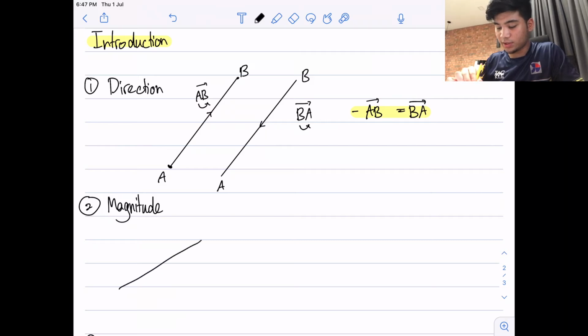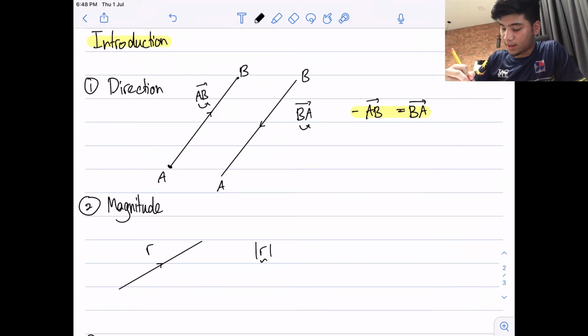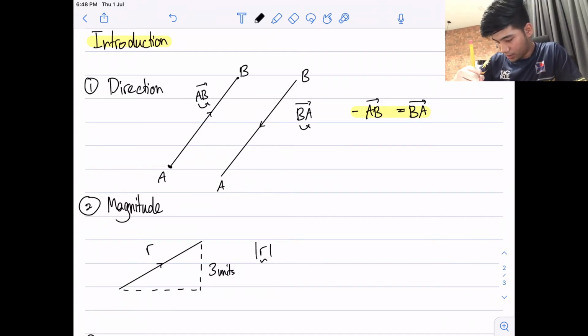Alright, next thing is we're going to look into the magnitude. So let's imagine we have this vector. Alright, this vector, they basically call it R. So what is the magnitude of R? So usually we state the magnitude of R by using the modulus sign. So let's say that R has been given that right down here is 3 units, and the other direction here is 4 units.